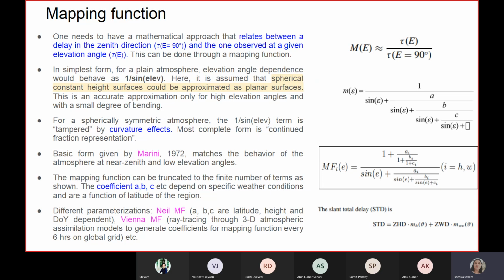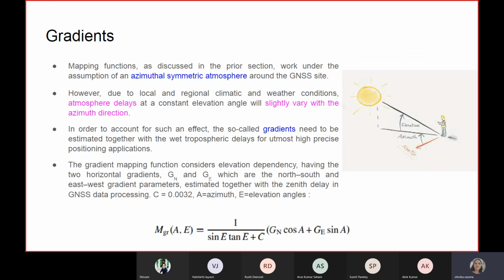So this mapping function, which is the relation between zenith and slant delays, is a function of only the elevation angle of the satellite, while the gradients, which take care of the azimuth variation of the water vapor, are a function of both the azimuth angle and the elevation angle of the satellite. I hope this is clear.